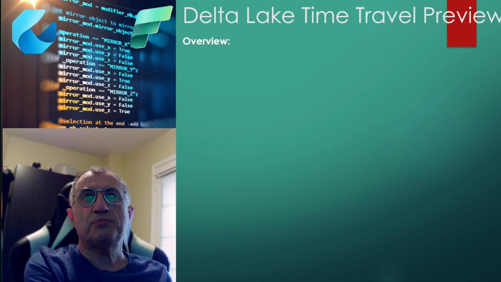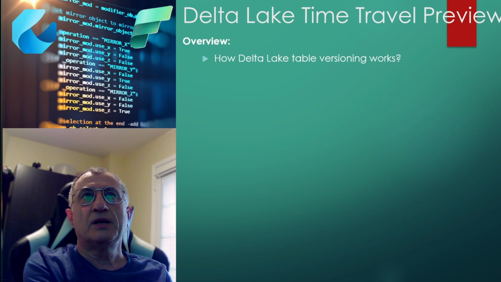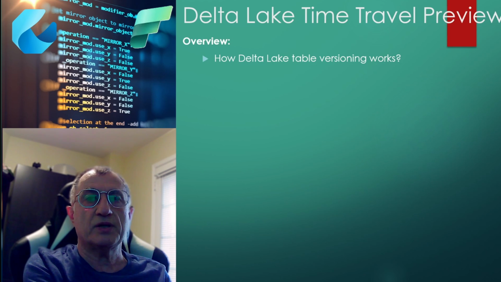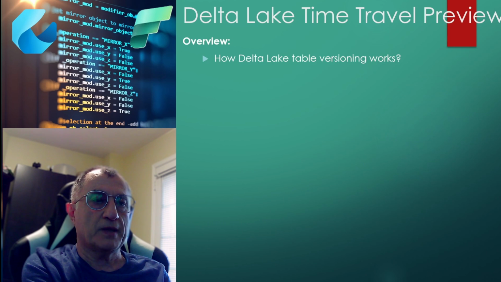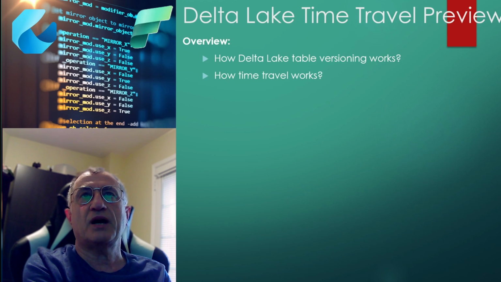So here is a quick preview of the Delta time travel part. I will start with an overview of the Delta time travel feature. I will explain how Delta Lake technology handles table transactions. Then I will explain how this helps you to achieve table versioning and time travel.